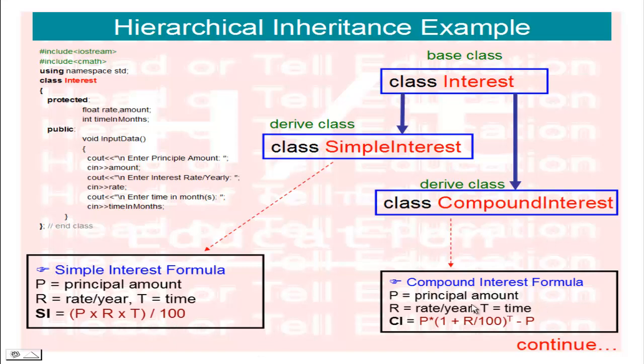For compound interest, P is the principal amount, R is the rate per year, and T is time, and CI, the compound interest, equals P multiplied by (1 plus R divided by 100) to the power of T, minus P. So this is the compound interest. We will use both formulas in both derived classes.